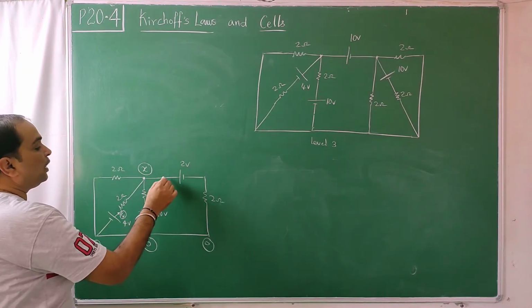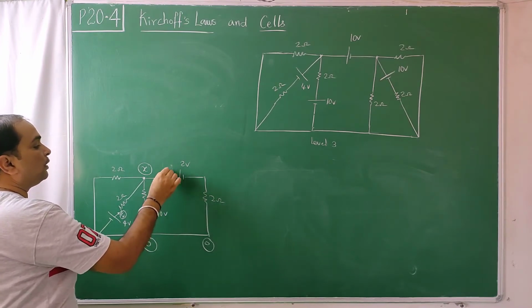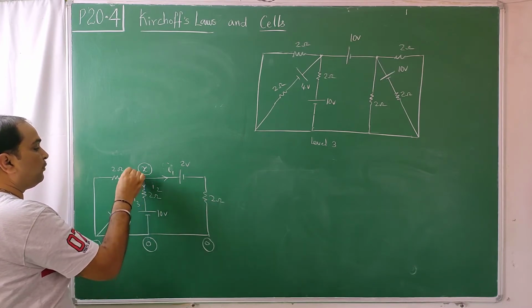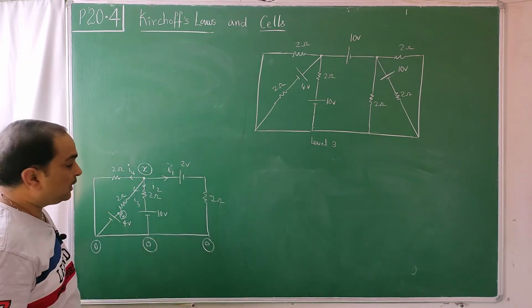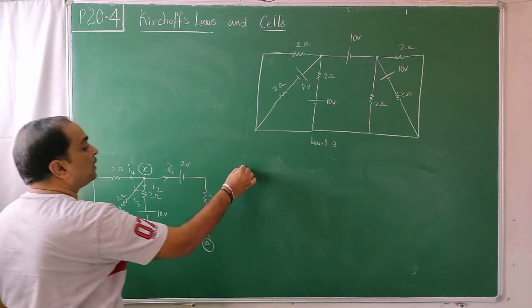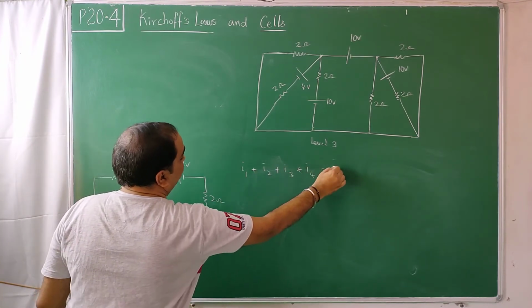Let us take all currents to be outgoing: I1, I2, I3, I4. In the beginning only I can say that my assumption is wrong because all cannot be outgoing current. One of them should be incoming current. It doesn't matter. I1 plus I2 plus I3 plus I4 is equal to 0.